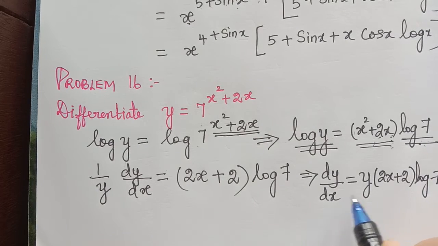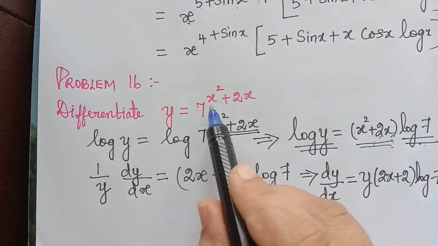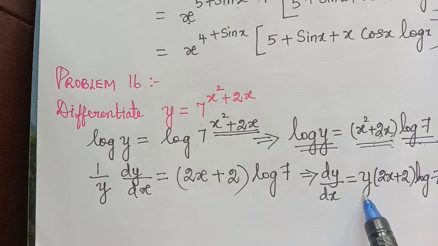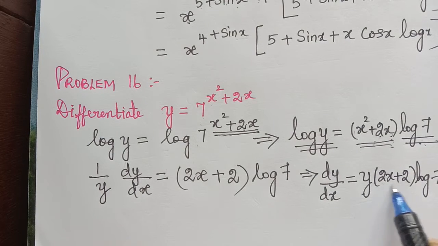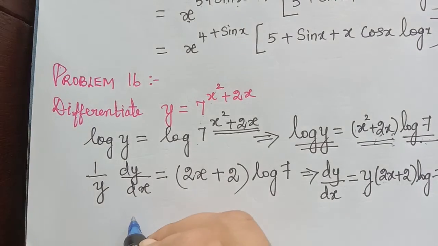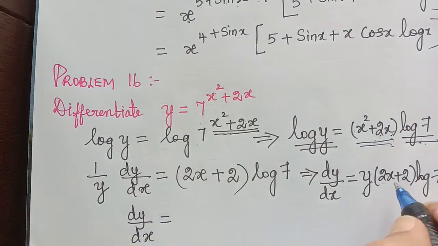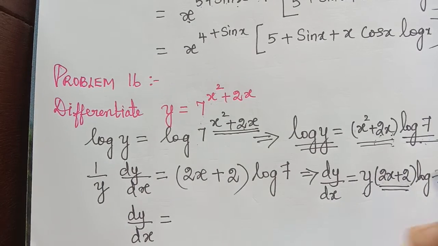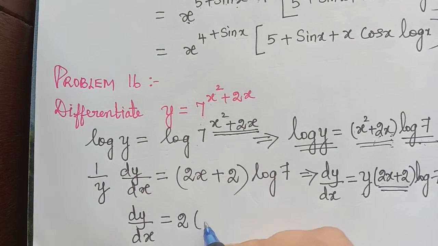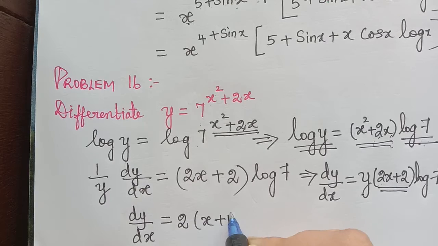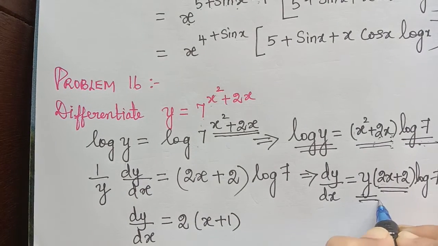Now we can substitute the value of y, which is 7 to the power x square plus 2x over here, and we can also take a 2 in common from this term, and we can in general write the solution as dy by dx to be equal to, now in this term I am taking 2 common, so it becomes 2 multiplied with x plus 1, and we are substituting the value of y.